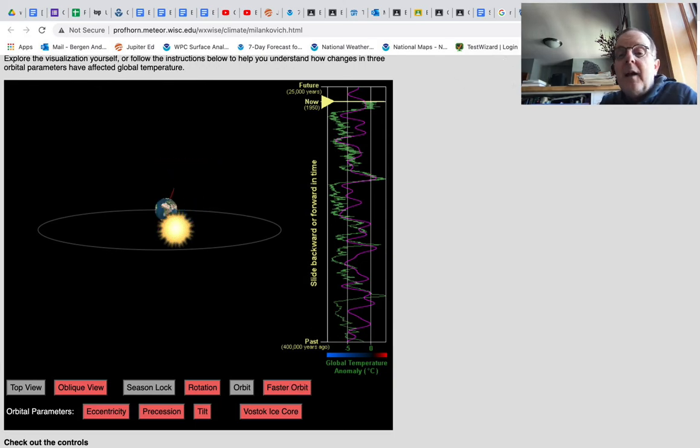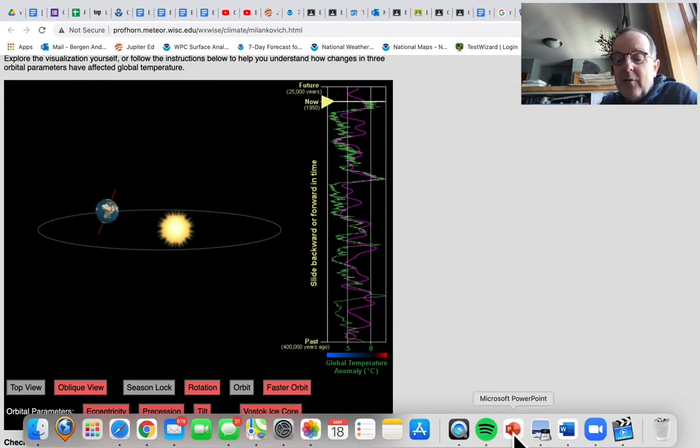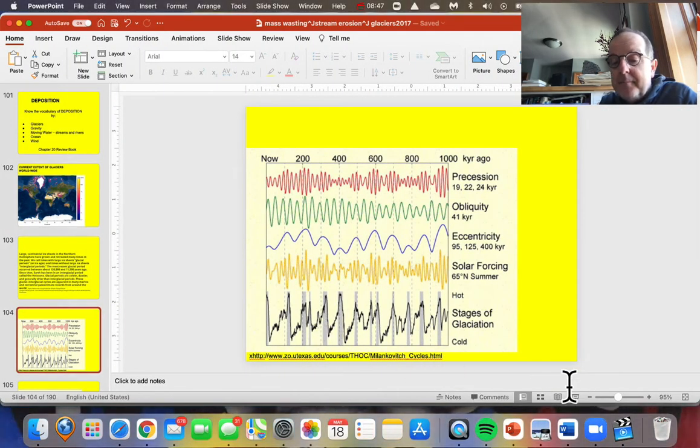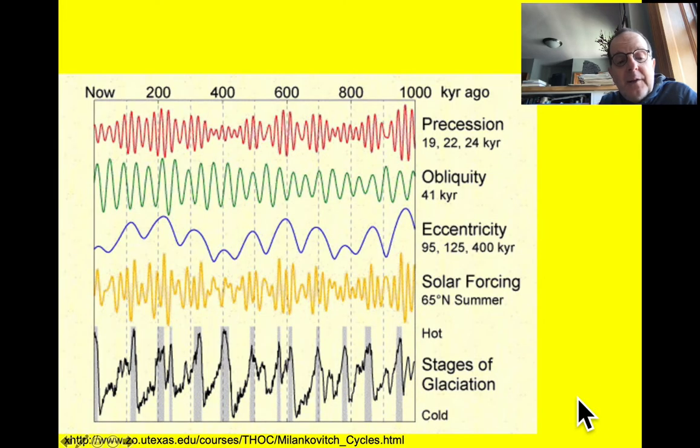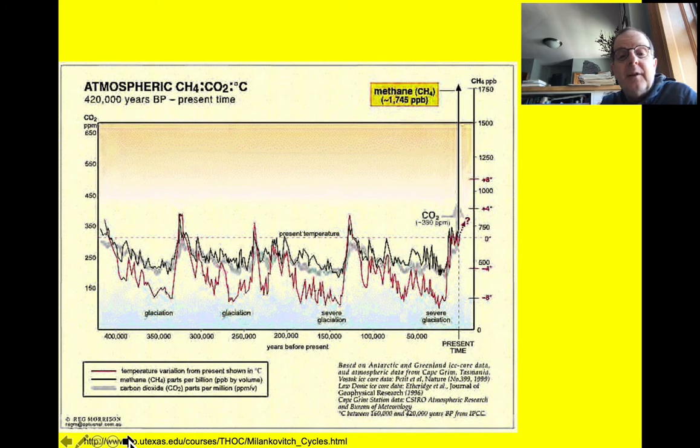So this idea is quite powerful and is accepted by many people as a cause of this pattern of glacial and interglacial.